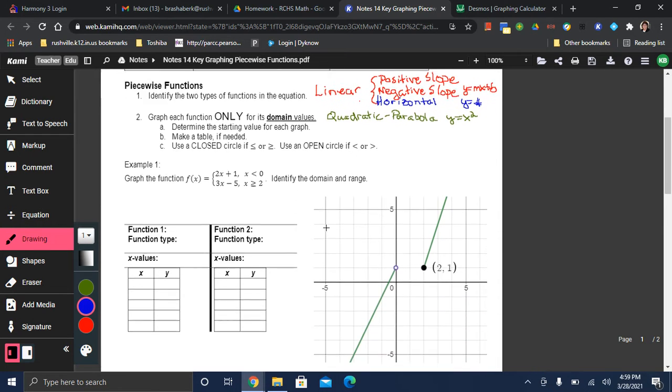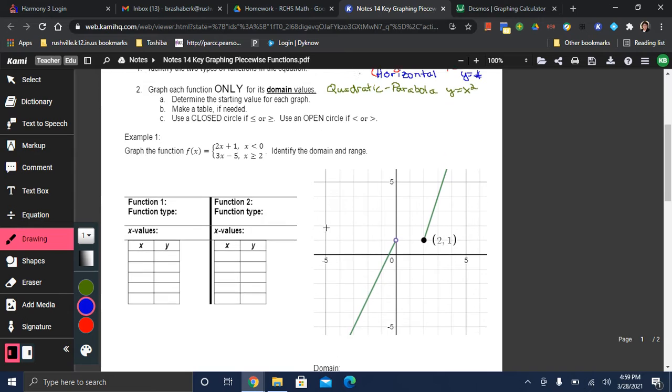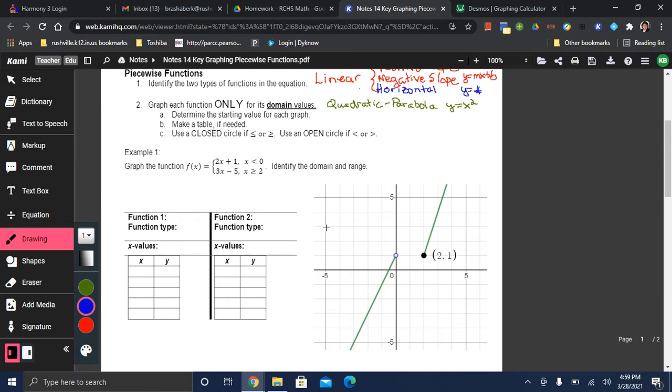So let's take a look at an actual example where we analyze it. So our problem is to graph the function f of x, which remember that's like your y equals. And then we have 2 parts here. So the top part is 2x plus 1. So I'm going to write that y equals 2x plus 1.